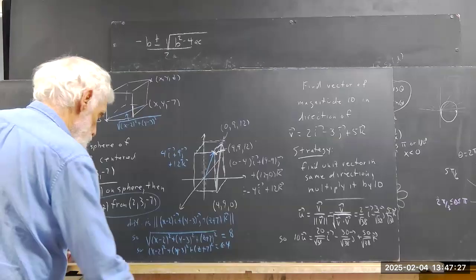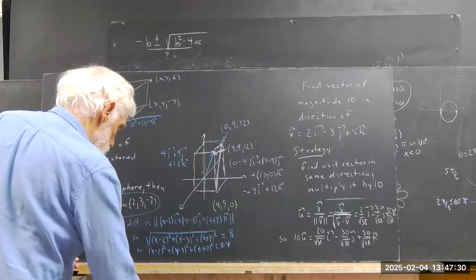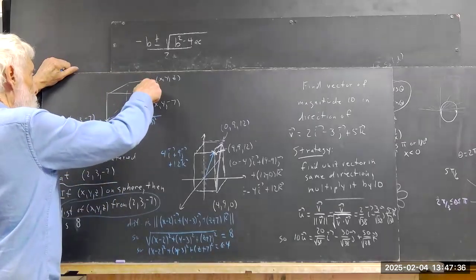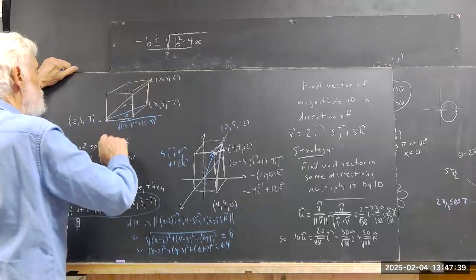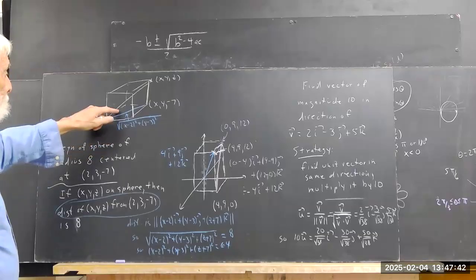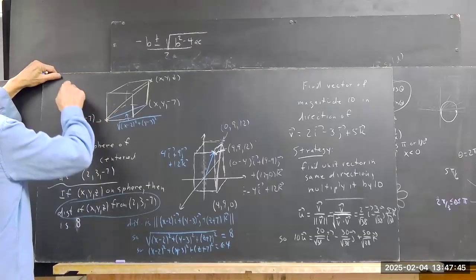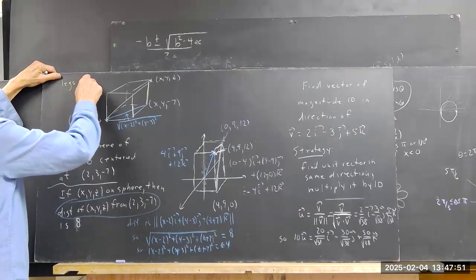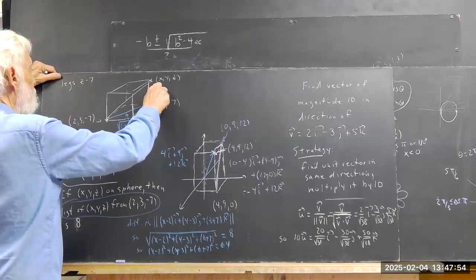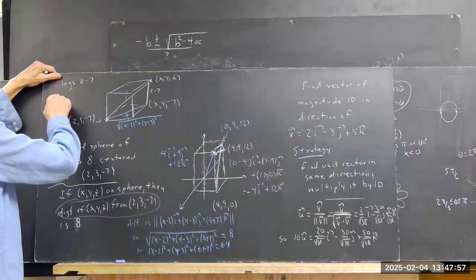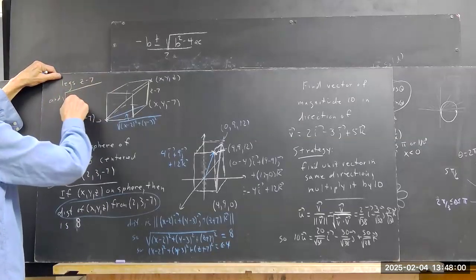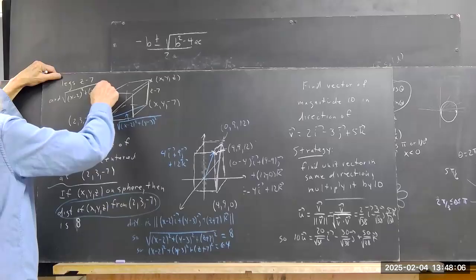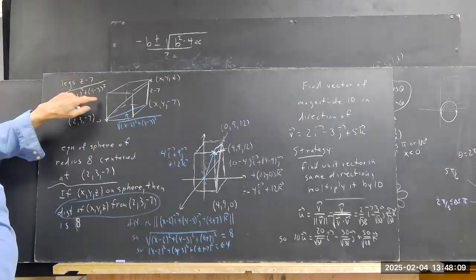And now we can look at this triangle here. And by the Pythagorean theorem, the legs are Z minus 7, that would be here, and square root of X minus 2.